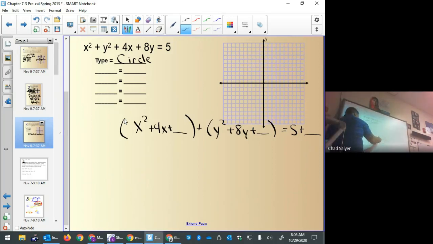Mackenzie, what completes the square? Very good. Rachel, what about this one? Very good. And then what balances the equation? In other words, what do I need to add right here, Allie?